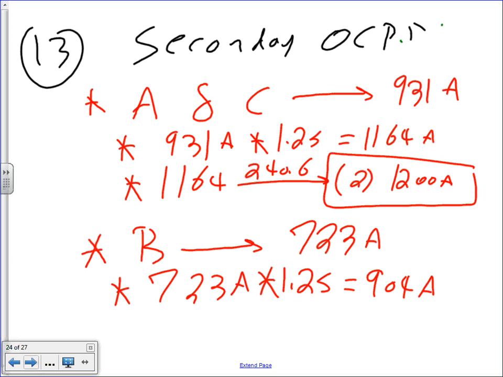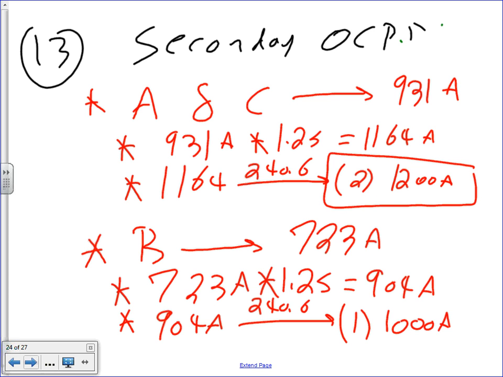Did I do my math right? Okay. Then you take 904 amps, take this baby to 240.6, and that will get you a healthy, how many fuses? One fuse, 1000 amp. That'll give you one fuse, 1000 amp.